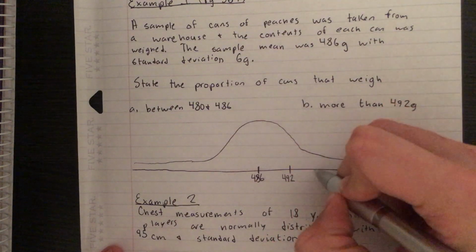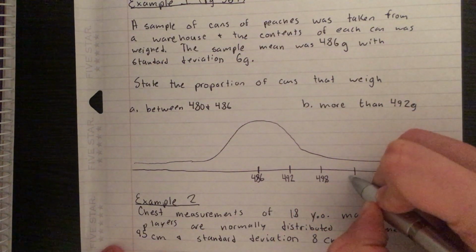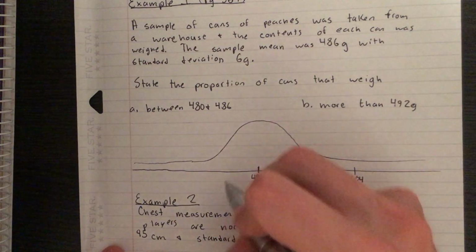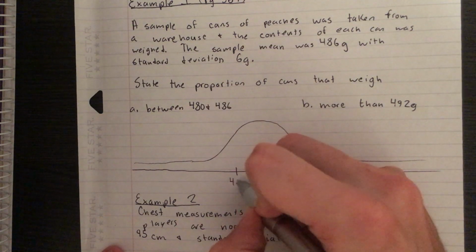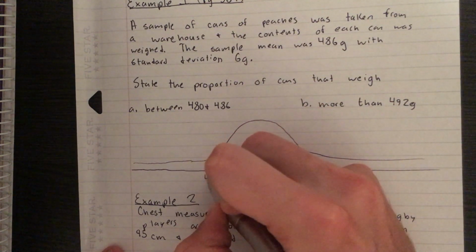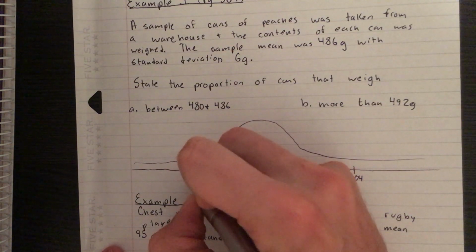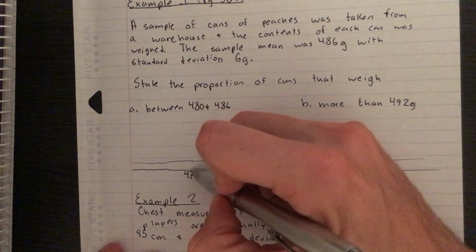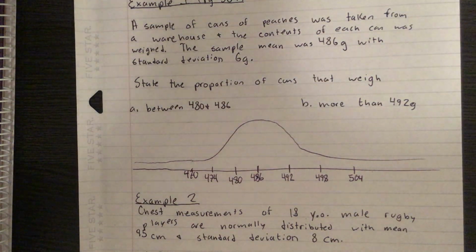So this would be 492, this would be 498, this would be 504. And then going the other way, 486 minus 6 is going to give us 480, 474, and then 470.